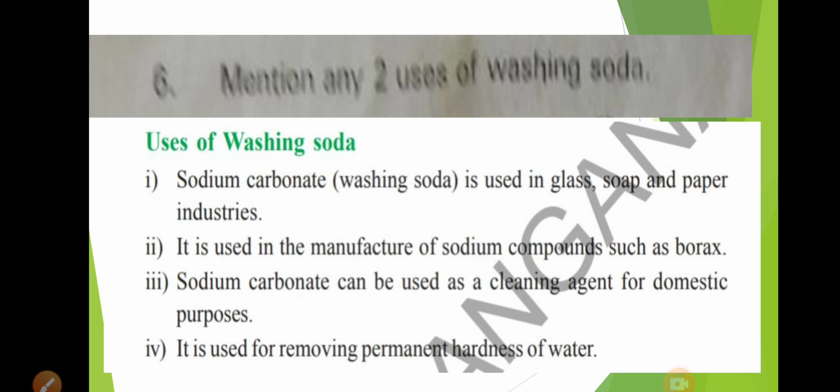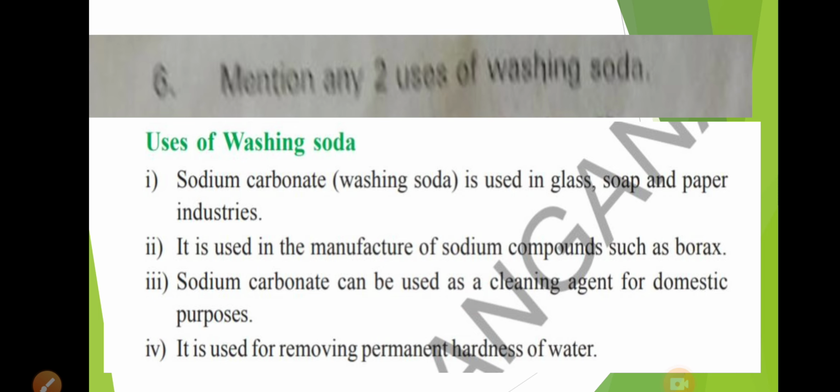So total 36 ohms. Now we have to use the formula V is equal to IR. From that we get I is equal to V by R. Here V is 72 and R is 36, so we get 2 amps. So this is the solution for the 7th problem.